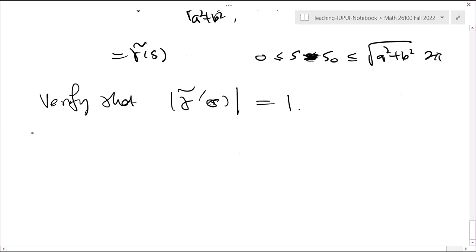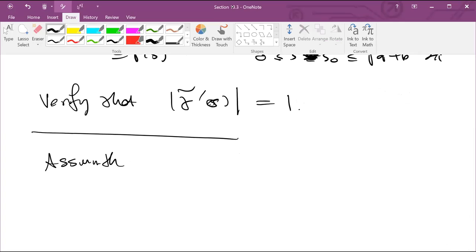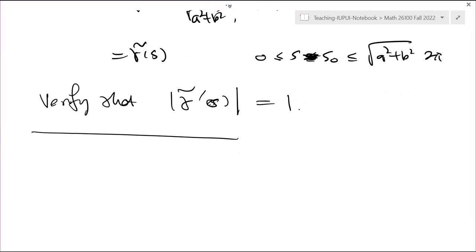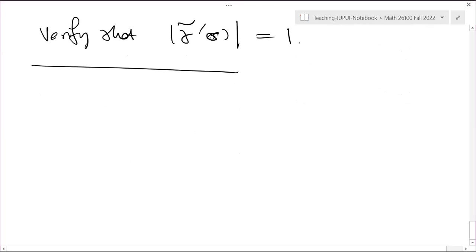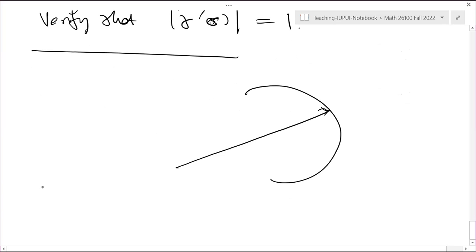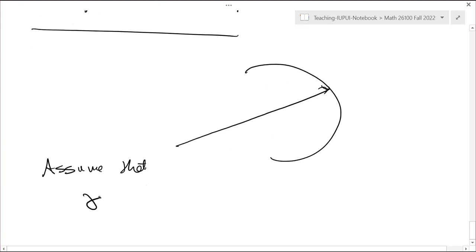Let's take a look at it. Right now I'm going to assume that, given a curve, I'm going to use s, okay? Assume that gamma prime s is going to be 1, and here s equals s naught, the starting point, going that way.